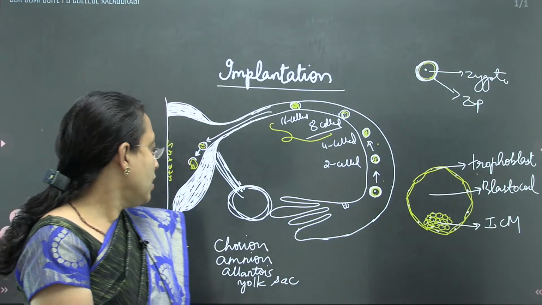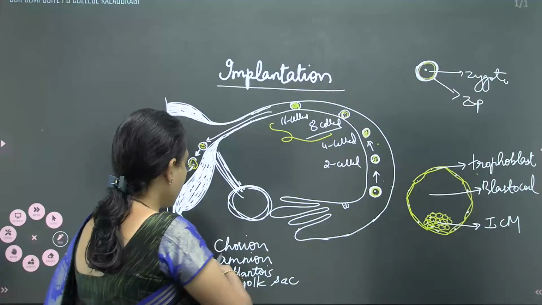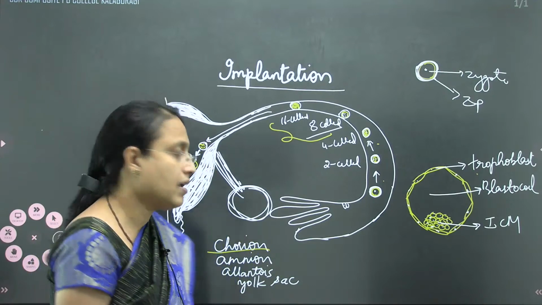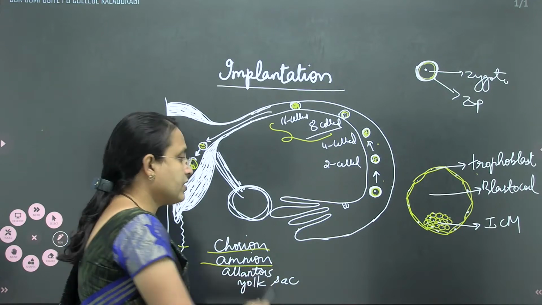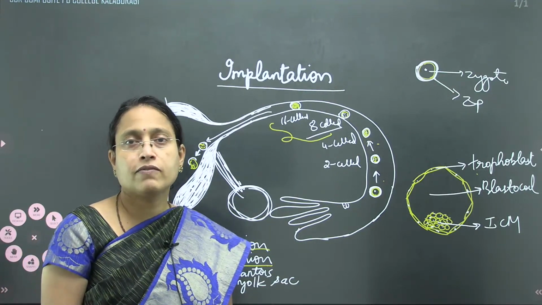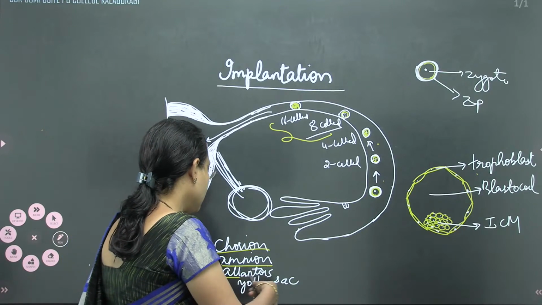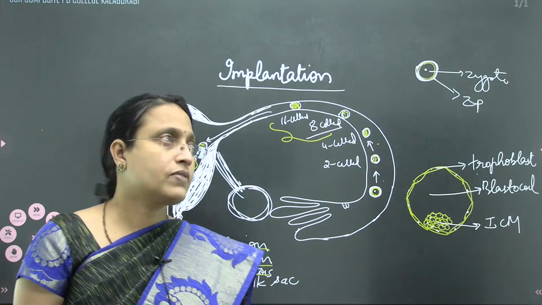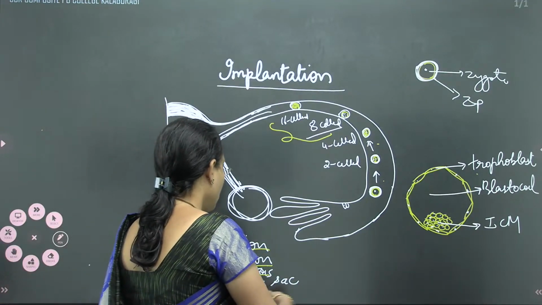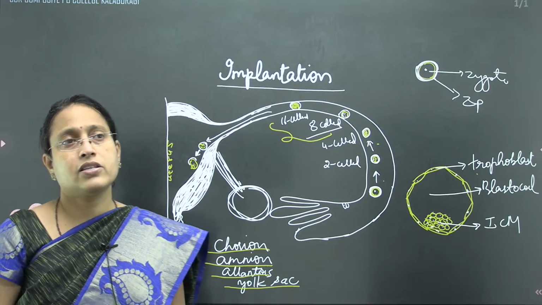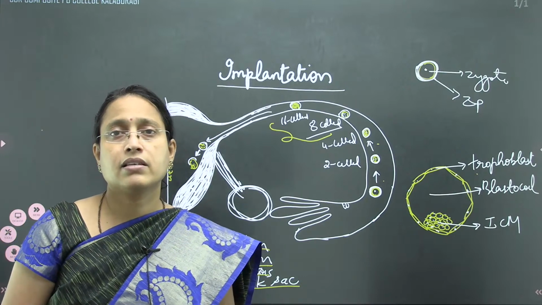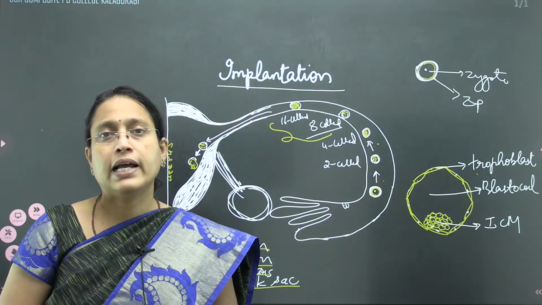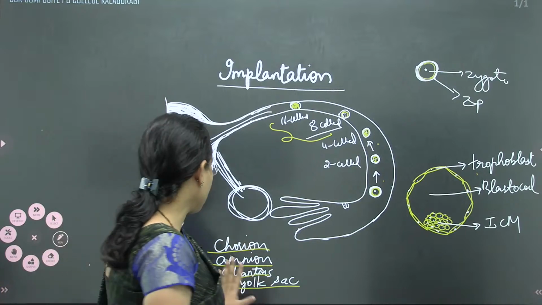Okay. Out of these, chorion is very important for formation of placenta. Amnion is a cavity where fluid called amniotic fluid is present. Allantois, in human, does not have much role, but it develops into certain blood vessels in the umbilical cord. And yolk sac, present in early stages, is important for hematopoiesis, that is production of blood cells.